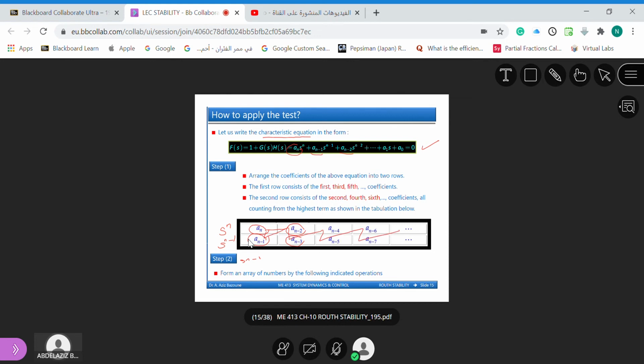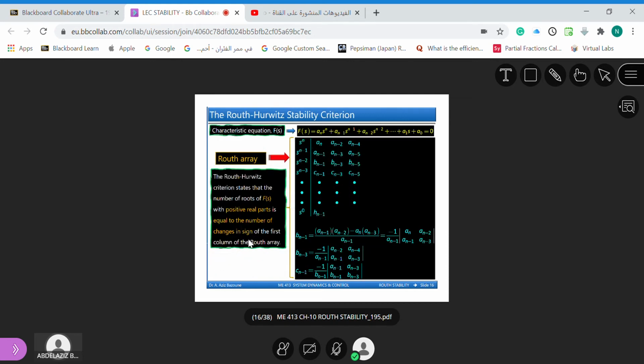Then you form these coefficients from the characteristic equation. The other coefficients, I will show you now how we can find them. So now we have this characteristic equation.